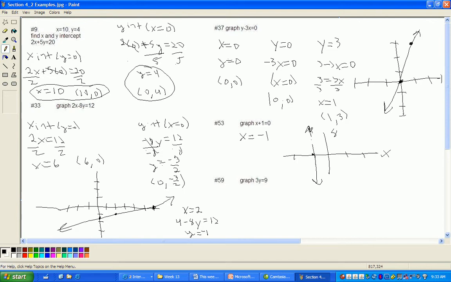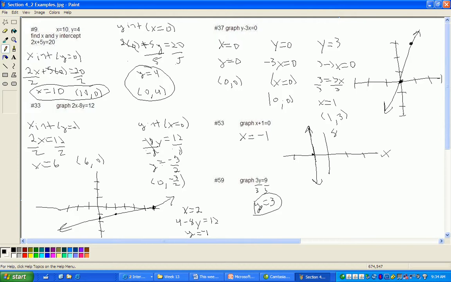Okay. Down here, graph 3y is equal to 9. Again, we should notice we don't have an x. So what we should do right away is just divide by 3 on both sides. Y is equal to 3. Remember from our lecture, anytime we have y is equal to a number, means a horizontal line.